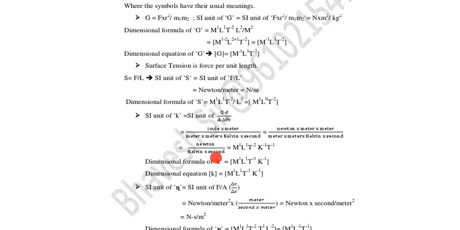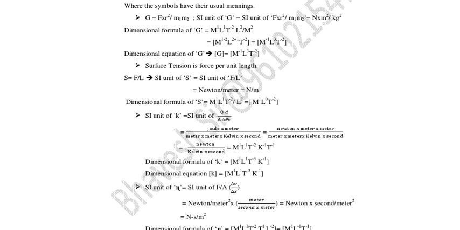For second, the SI unit of time, bring it above, you will get T raised to power minus 1. When you solve it, you will get the dimensional formula M raised to power 1, L raised to power 1, T raised to power minus 3 and K raised to power minus 1. So this is the dimensional formula. When you equate it with the physical quantity K, it is the dimensional equation.